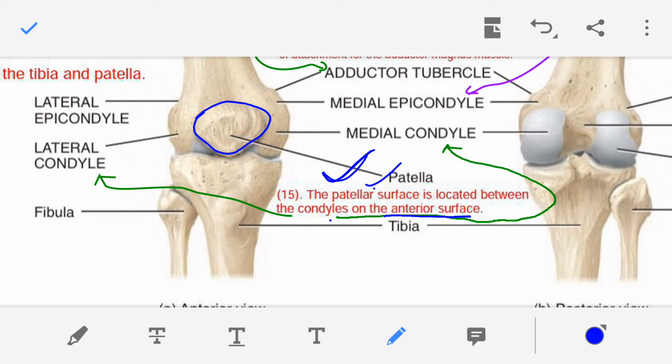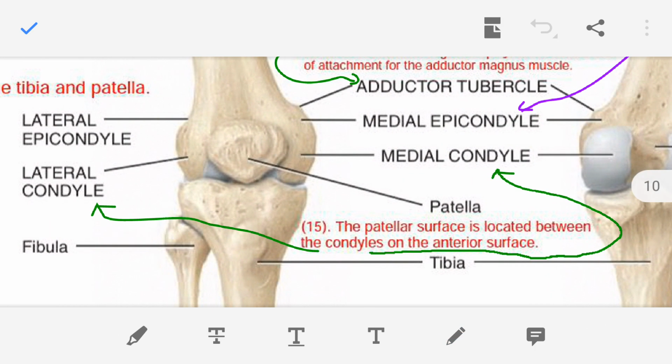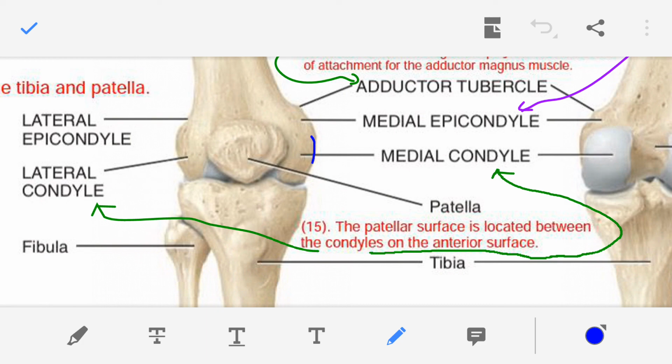For example, in this figure, this is the medial condyle, and this one lateral condyle, and this is the patella.